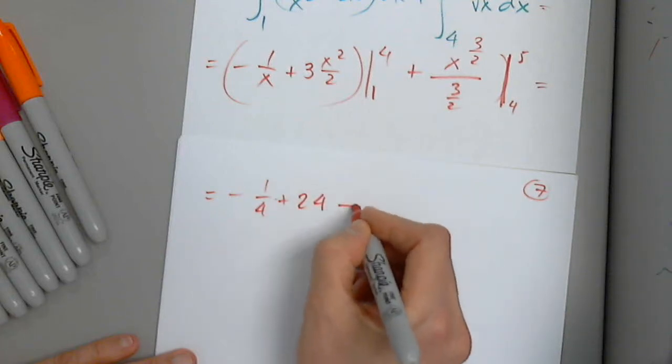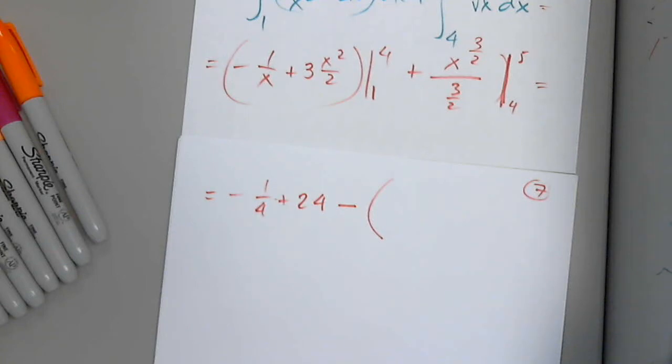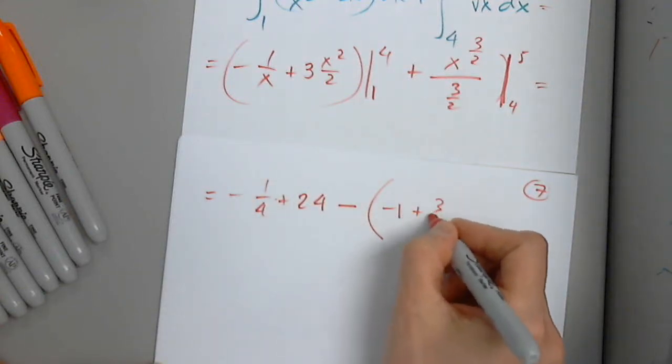So that's 24. Minus, when we plug in 1. In order to be safe, put parentheses, because sometimes there are many negatives and positives. It's safer after you plug in 4 to write minus, plug in 1, not worry about the sign, and then at the end you distribute. I recommend this. So when I plug in 1, I have minus 1 and plus 3/2.